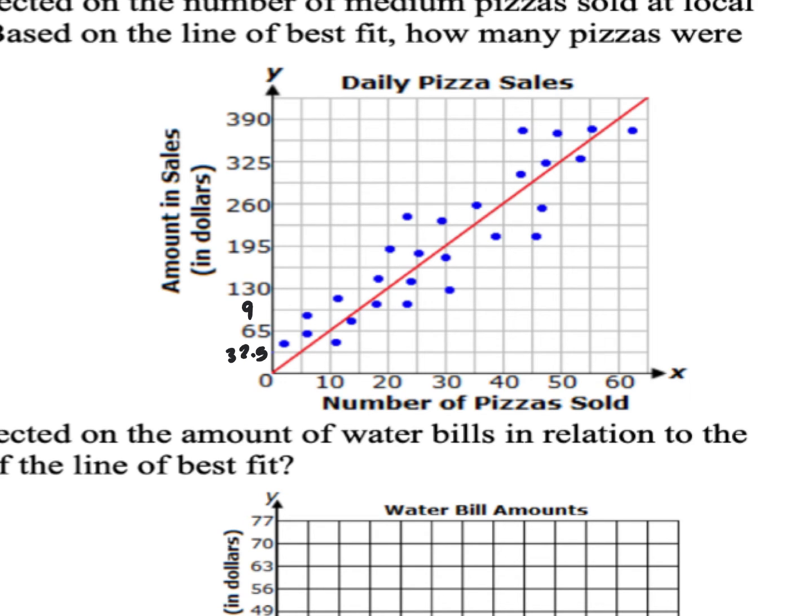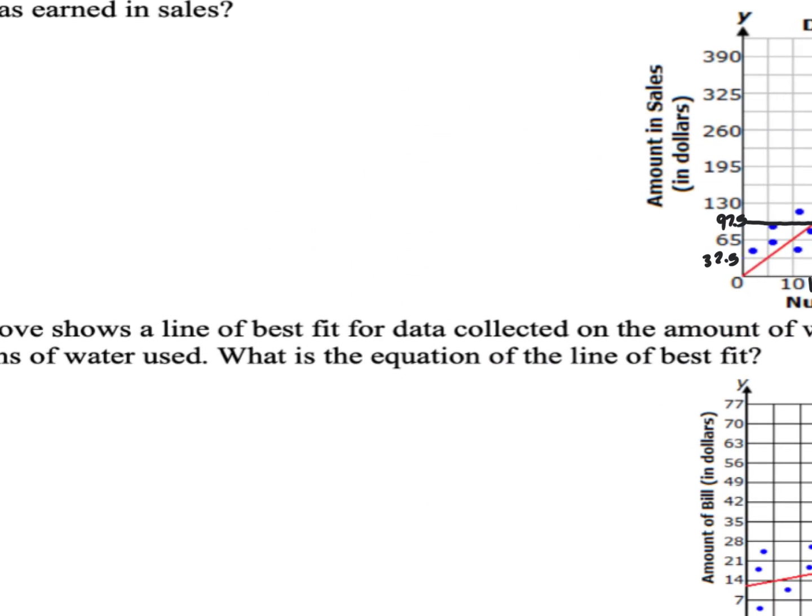And so this would be 97.5. And so if they want to know how many pizzas they sold when they made $97.5, then you just find the curve and then find the x value, 15. So when y is 97.5, x is 15, or 15 pizzas.